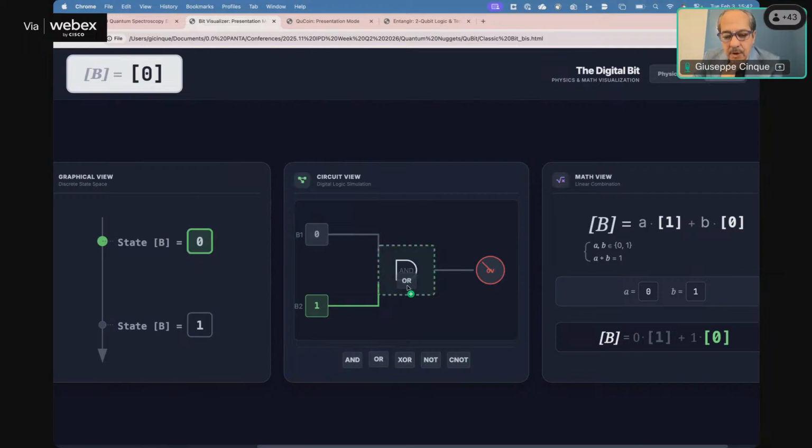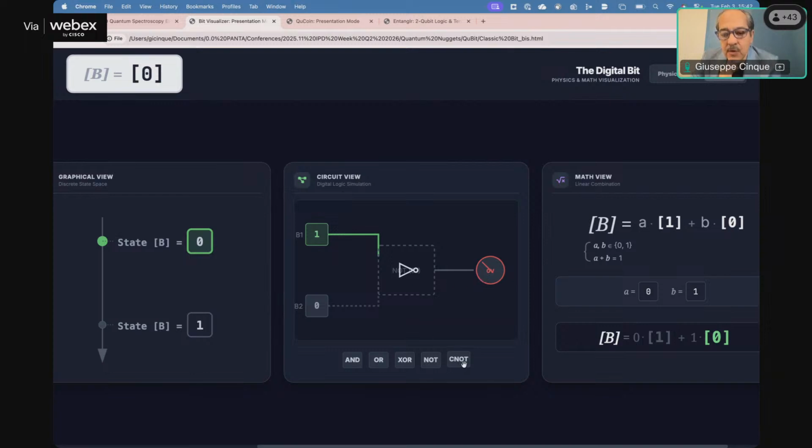The OR instead has a different logic. Either one is 1 or both, it gives me 1. Other interesting operators are, for example, the NOT. The NOT is a 1-bit operator. If the bit is 0, it gives me 1. If the bit is 1, it gives me 0.